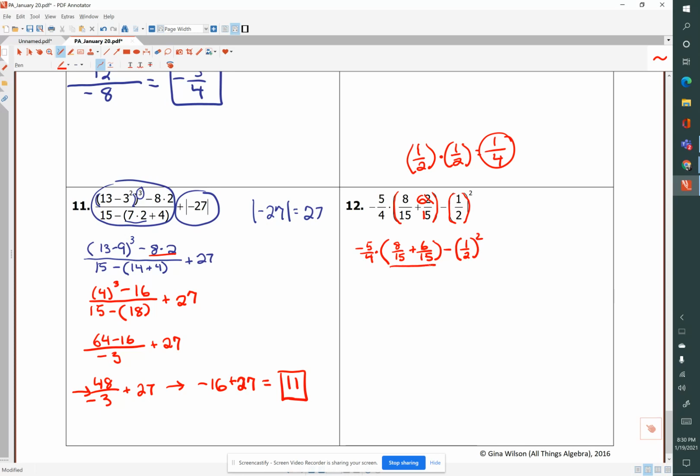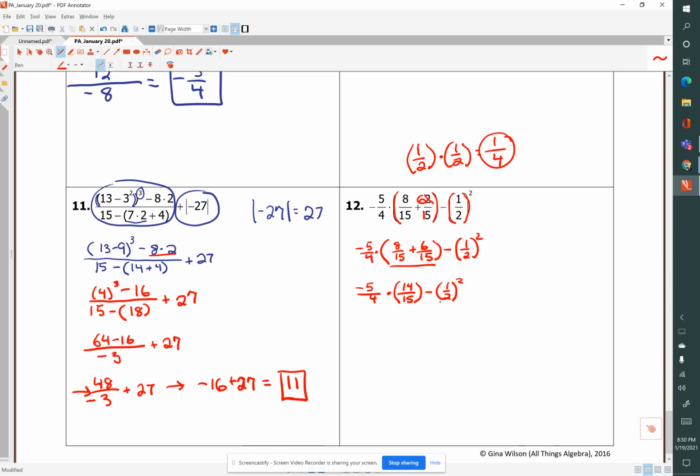So now let's work within the parentheses. -5/4 times, so 8 and 6 are 14, so that's 14/15 minus 1/2, which is raised to the second power.